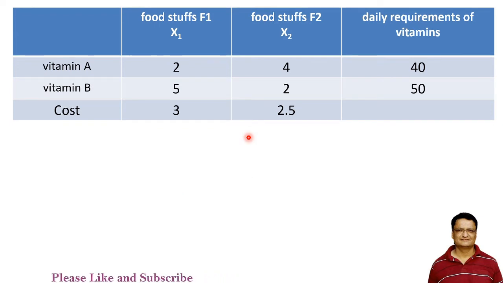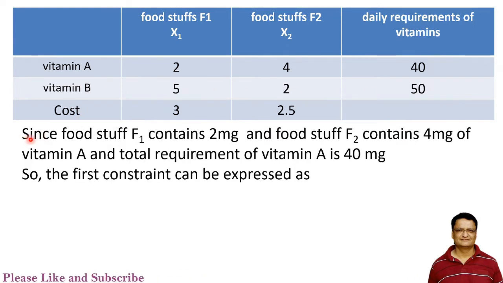Now let us try to evaluate the constraints. Constraint means limitations, and limitations usually depend on the resources. So we have 2 resources over here, vitamin A and vitamin B, right? So these are our requirements, you can say. Now it is mentioned that foodstuff F1 contains 2 mg of vitamin A, and F2 contains 4 mg of vitamin A. So what is the requirement of vitamin A? It is 40 mg.